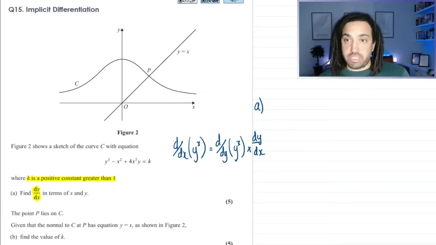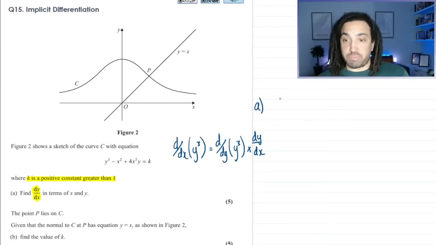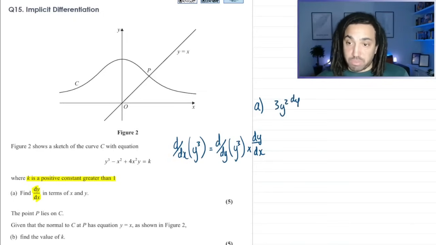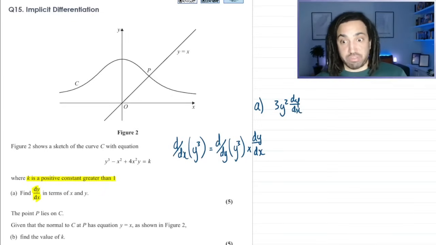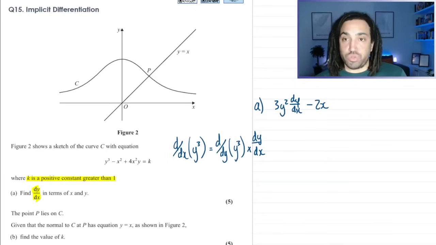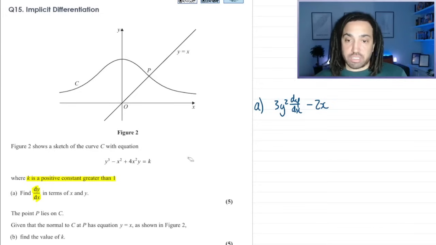Okay, so in this instance, that means when we differentiate y cubed with respect to y, we just get 3y squared, but we have to multiply it by dy by dx, as we are differentiating with respect to x, not y. Okay, next one, minus 2x, well that is a function of x, so that just differentiates normally, and that is just minus 2x. And then the next one is a product.